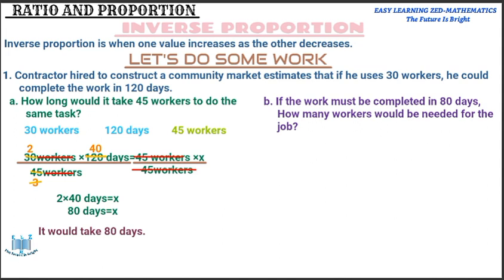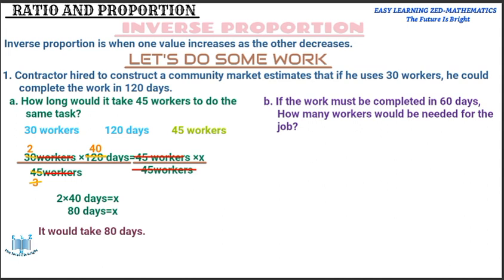Now let's go to question B. Question B is: if the work must be completed in 60 days, how many workers would be needed for the job?